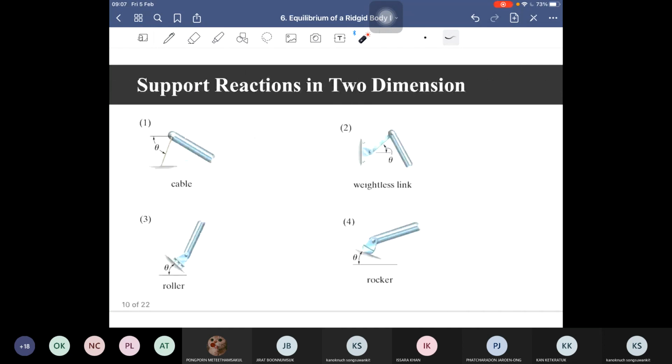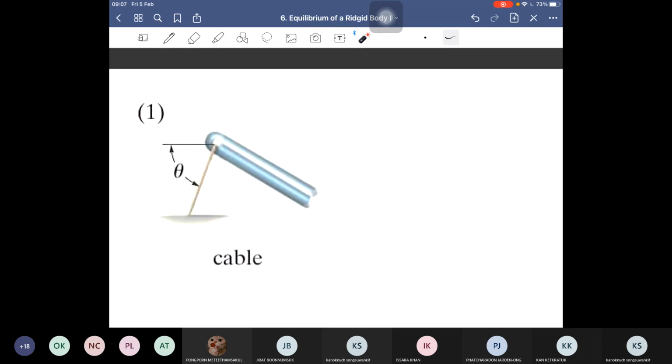Okay, so let's see the examples of supports that you always face in a 2D system. First, the cable. The force prevents translation through this tension. The cable can only exert a pulling force, right?